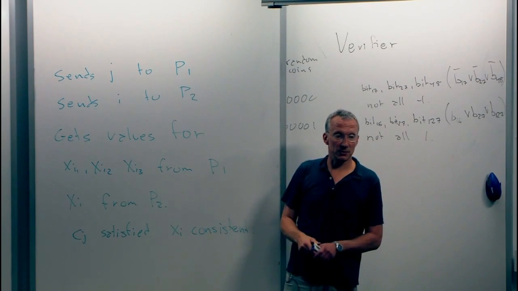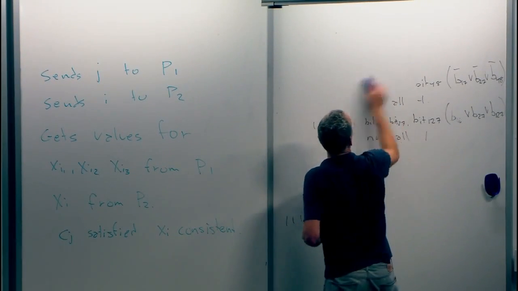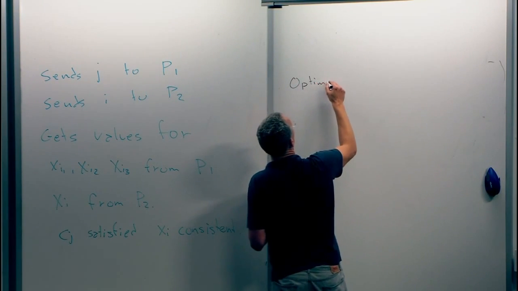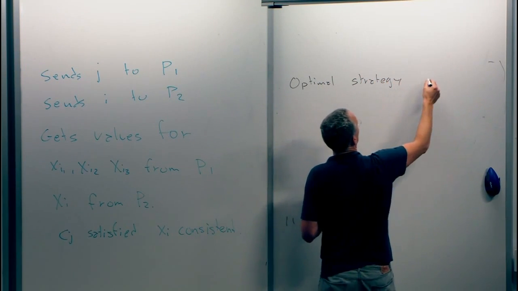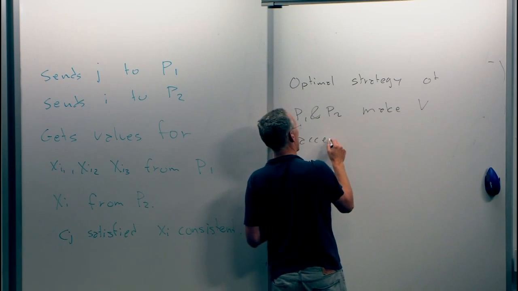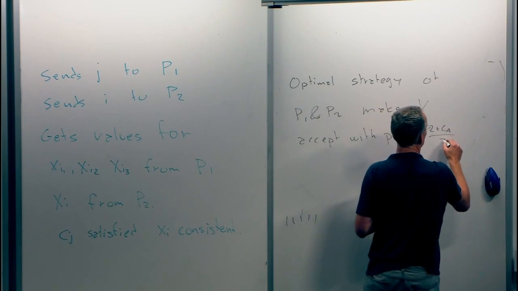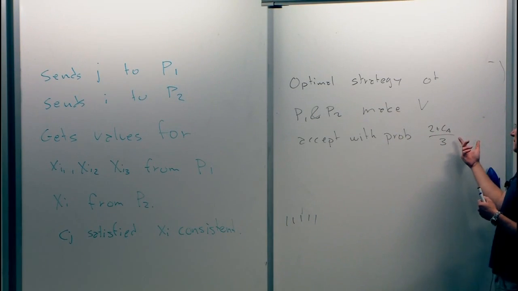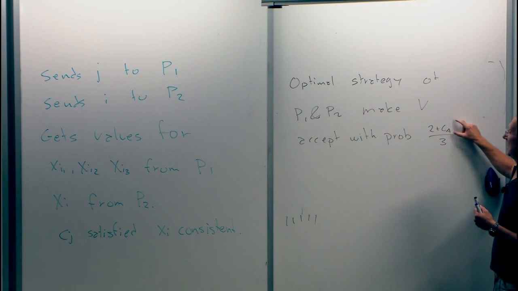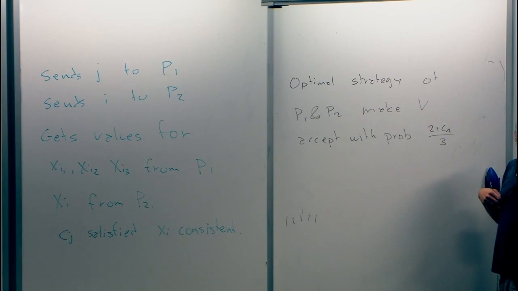And when it doesn't, P1 will flip one of the variables. So with probability Ca they'll always win, and when the clause isn't satisfied, they'll lose with probability a third, because the checking question will agree with where P1 cheated.